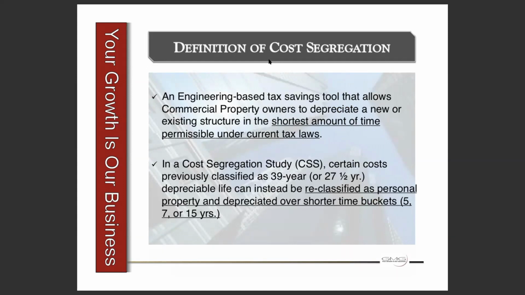We go through and we break out the different types of components of that building, and we put them into their correct, we call them buckets, 5, 7, or 15-year depreciation. Or, we'll move them from 39-year or 27.5-year, depending on what type of building it is. So what we're doing is we're reclassifying some of those items as personal property, and we're going to depreciate them over a shorter amount of time.